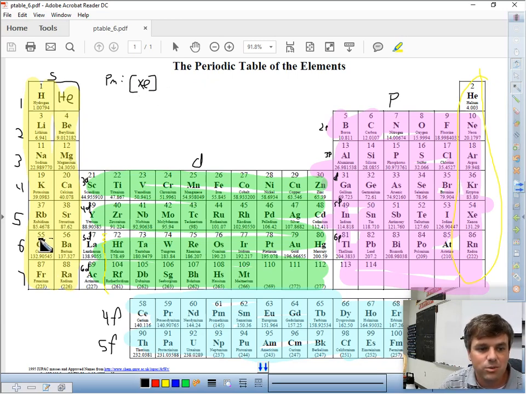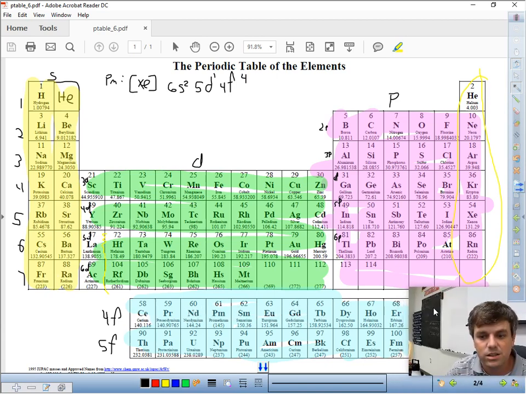And then from xenon, we go 6s2, 5d1, 4f, 1, 2, 3, 4. Okay. So you have the 1 in the 5d, and then you go to your 4f's and go however far you go with the 4f's.